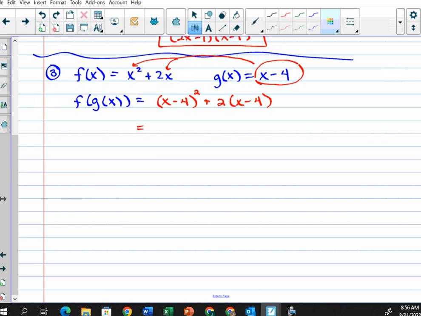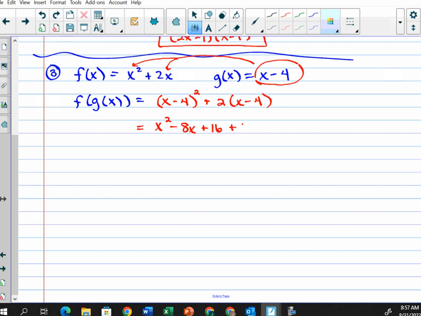Okay, and then we're just simplifying. So x minus 4 quantity squared, what is it? Ooh, not x squared plus 16. Don't forget the 8x in the middle, because think of it as x minus 4 times x minus 4 again. Such an easy mistake to make.